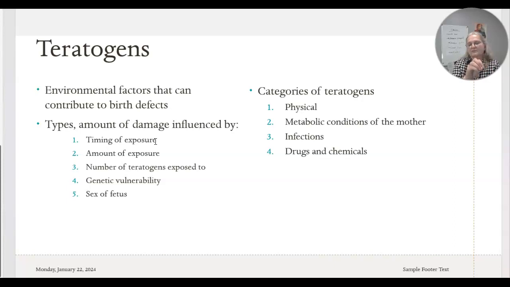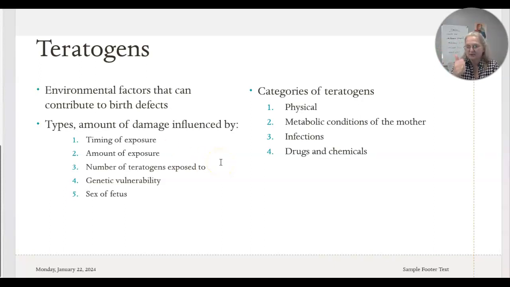So the point that I'm getting at here is the timing of the exposure can influence the kind of damage that the teratogen can do. So particularly in the very, very early stages, an environmental pollutant, an environmental factor can have significant effects. The later on in development, when like the lungs and things are developed, I'm getting off track.